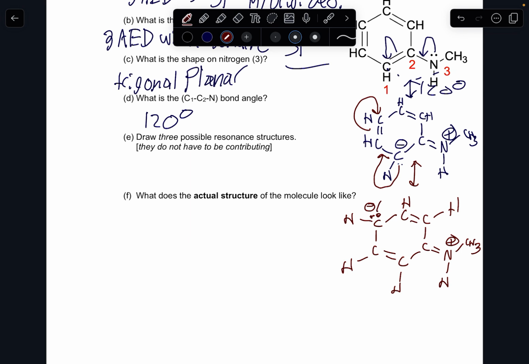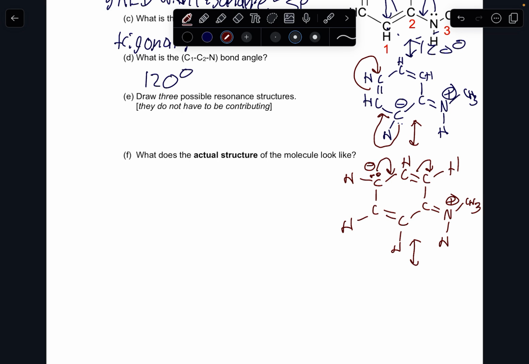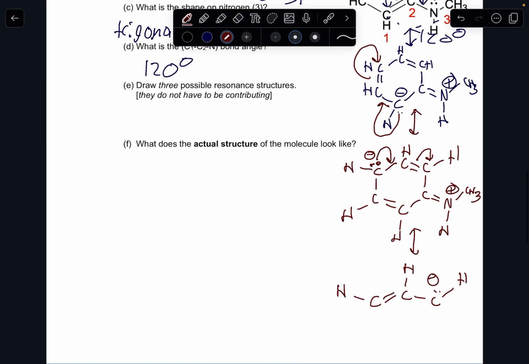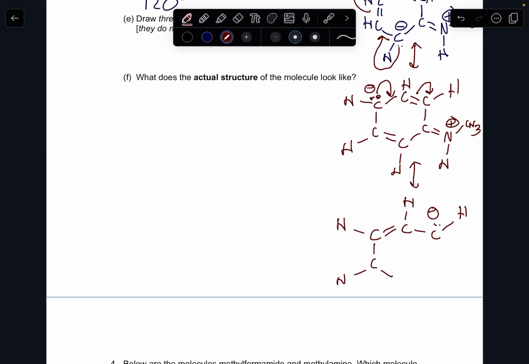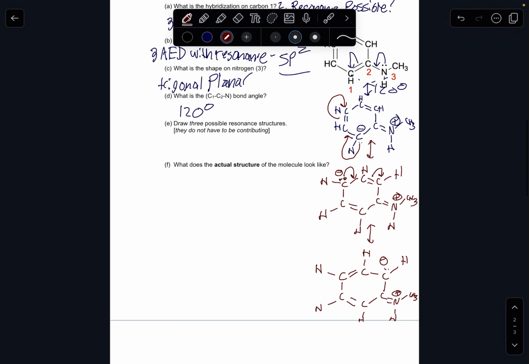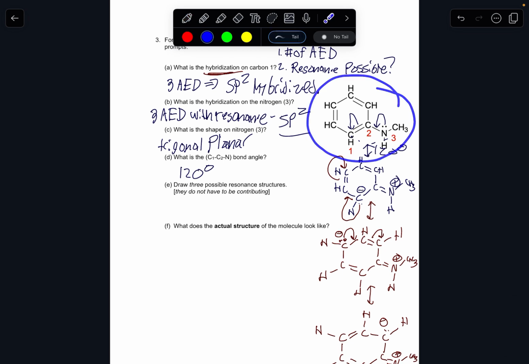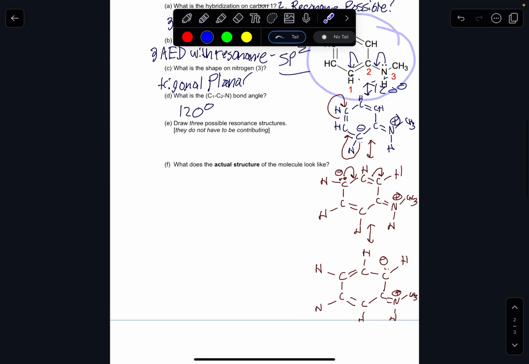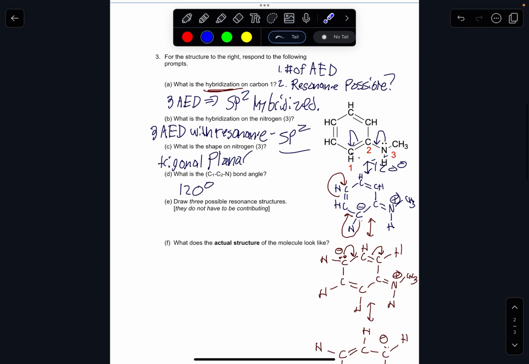And then we can do the exact same thing here, where we basically just shift this lone pair onto a different carbon. Like that. So these are 3 possible resonance structures for that original structure here. It's kind of a little messy. Hopefully you can see that.